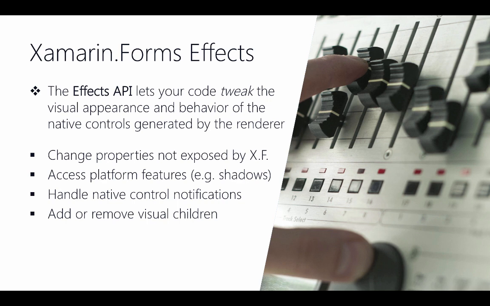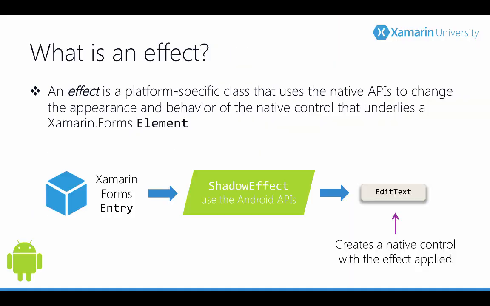Because the effect is an intermediary object that knows about and has access to the native control, the renderer, and the element, it's really powerful. It can inject new features. It can handle notifications that the default renderer does not, or even add new native visual elements into the screen. This is a really powerful API, so let's see how it works.